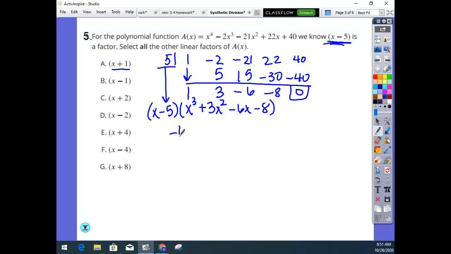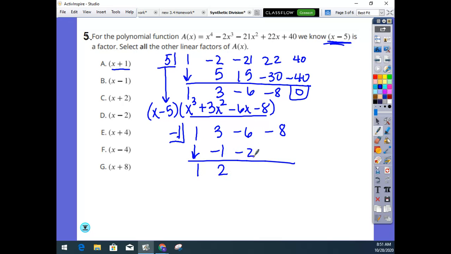Let me put -1 in the corner, and I'm going to try -1 with the cube: 1, x to the 3rd, 3x squared, -6, -8. If -1 gets me a 0, then I know x plus 1 is a factor. Draw a line. Since I got 0 here, that means x plus 1 is a factor.